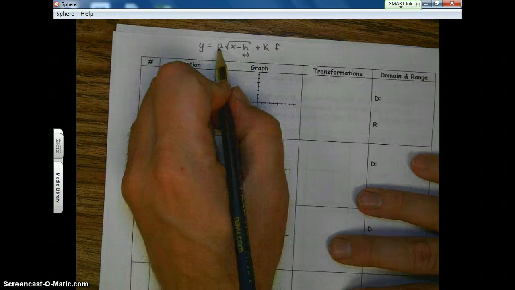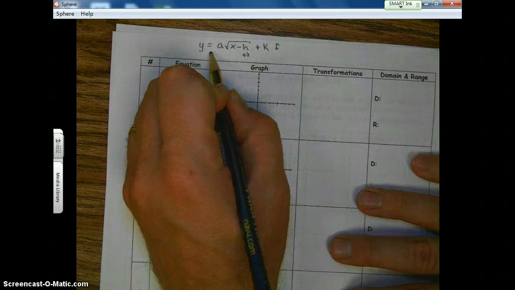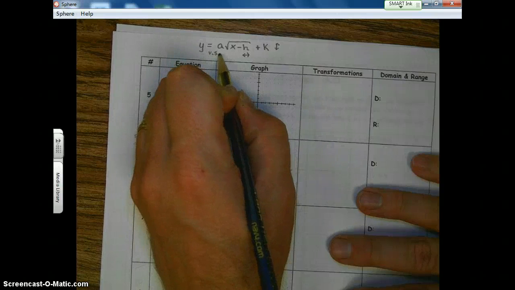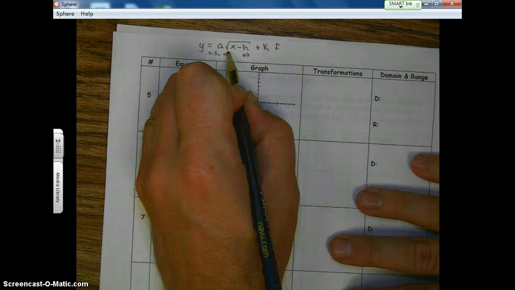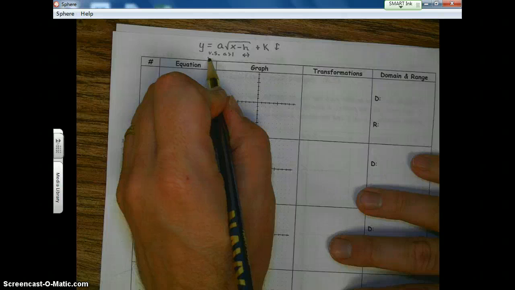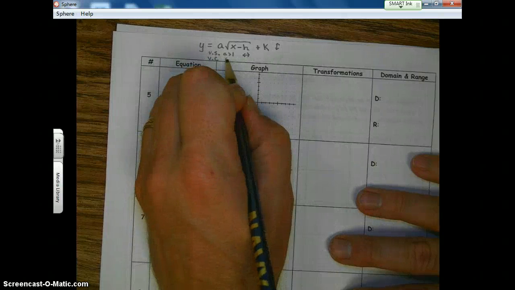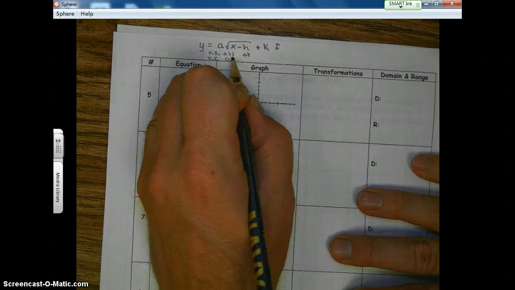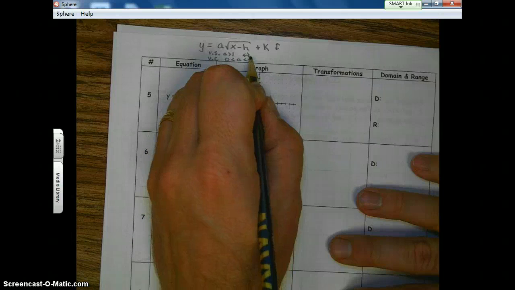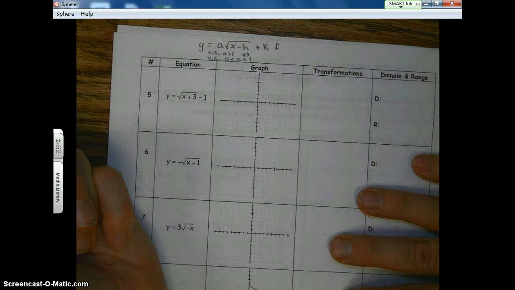And then our a value is going to either be a vertical stretch if a is greater than 1. It's going to be a vertical compression if a falls between 0 and 1. That's not counting the sign.